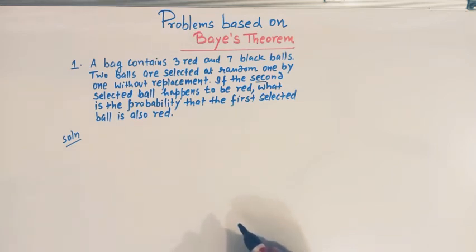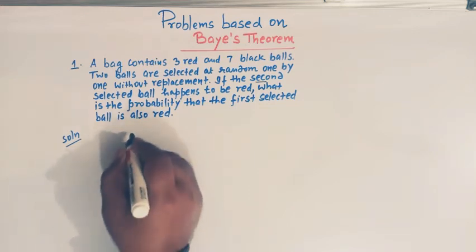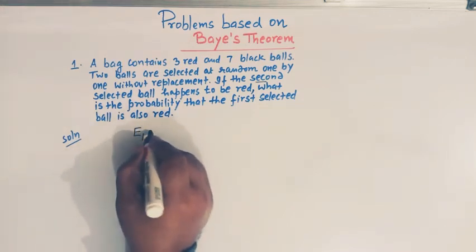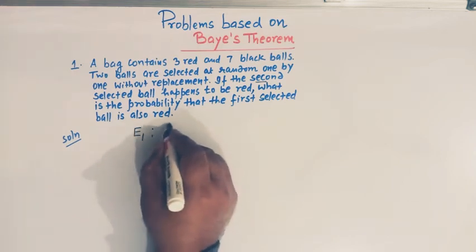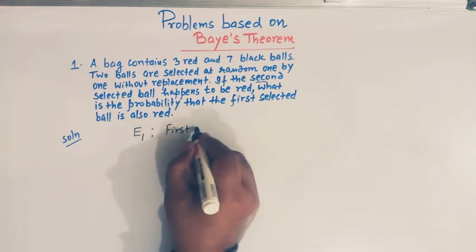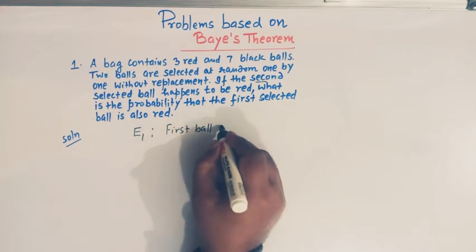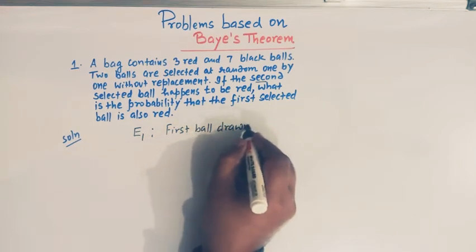So here let us assume that E1 is the event that the first ball drawn is red.